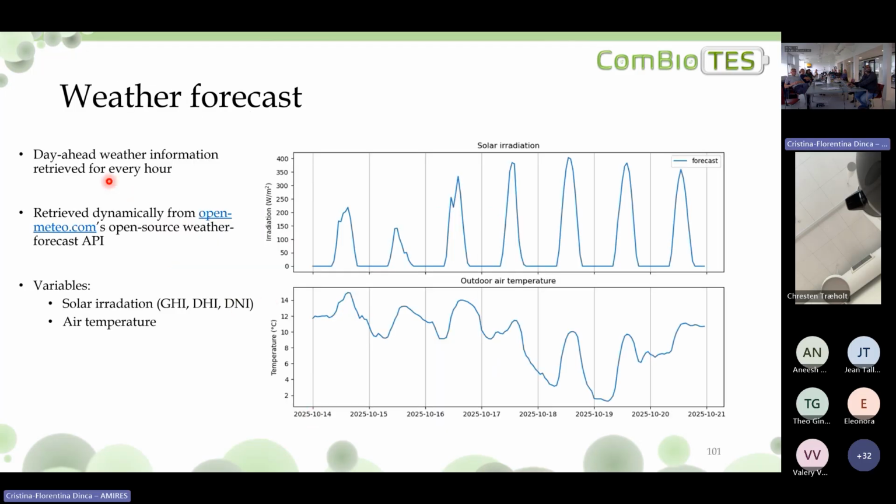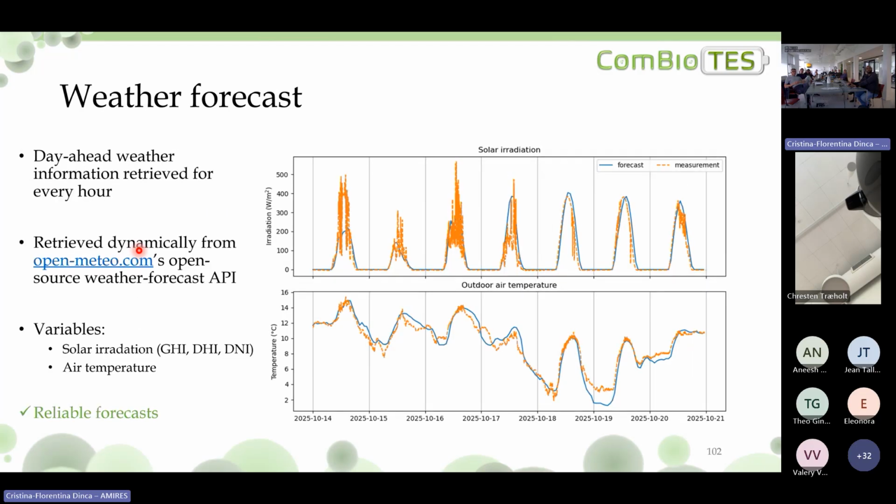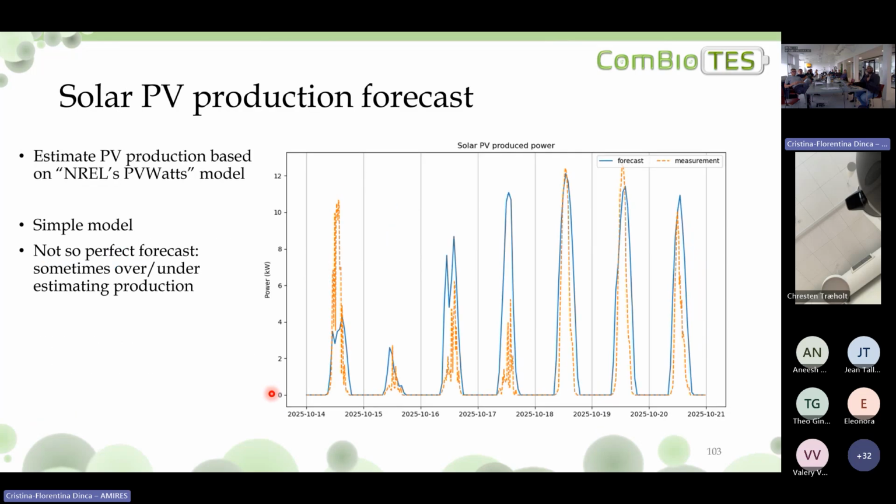So we retrieve dynamically the weather information hourly, the solar irradiation and outdoor air temperature, from an open source weather API. And then we observe that this forecast correlates well with our local temperature measurement sensors. So they are reliable. So we use them to inform our solar PV model.